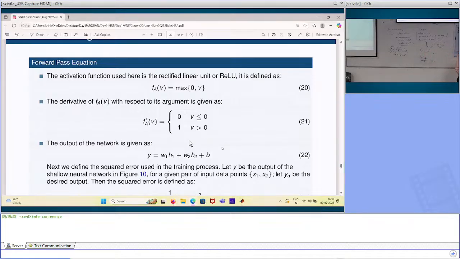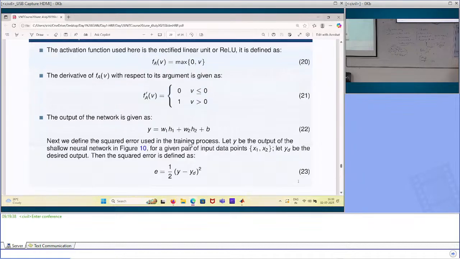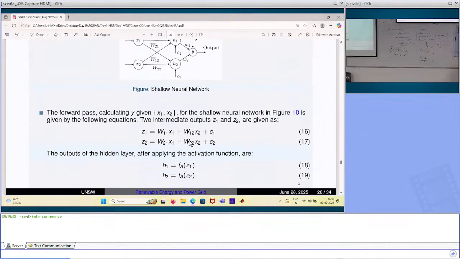Just write this expression so that we don't have to go backwards and forwards. Y भी लिख लें, ये भी लिख लें. Z1, Z2. Okay? Just write it out.